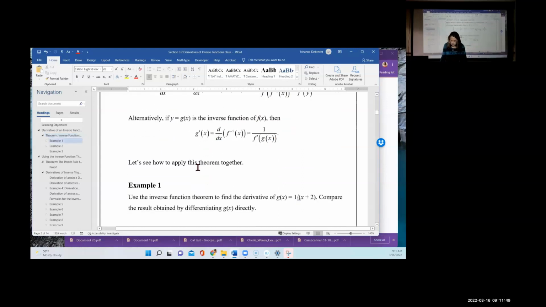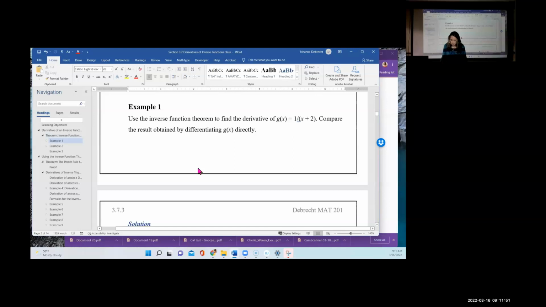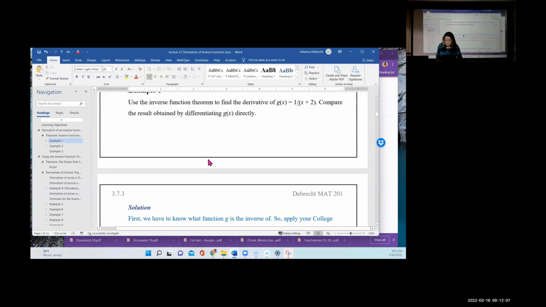So let's see how to apply this theorem together. We're going to apply it on this function right here. We have the function g of x equal to 1 over x plus 2, the quantity. All right, so we have this function to look at. This is an actual inverse function.